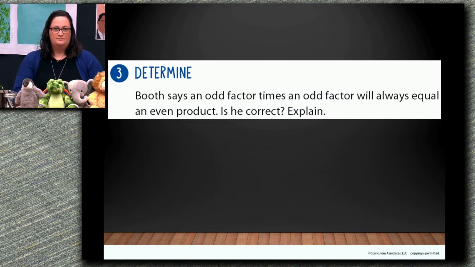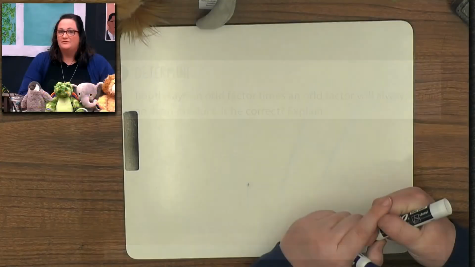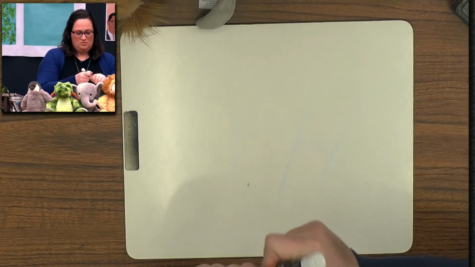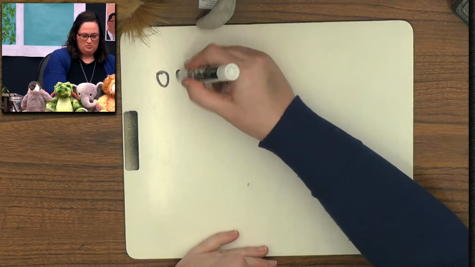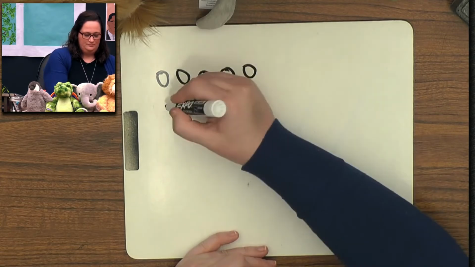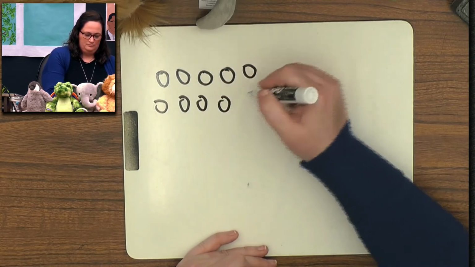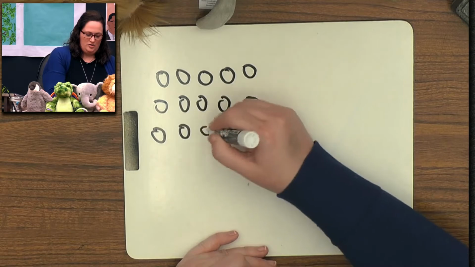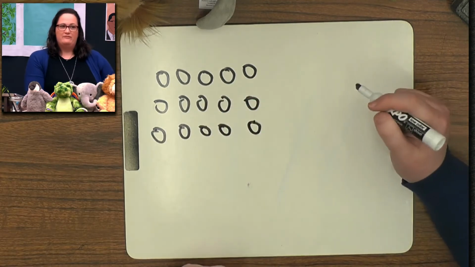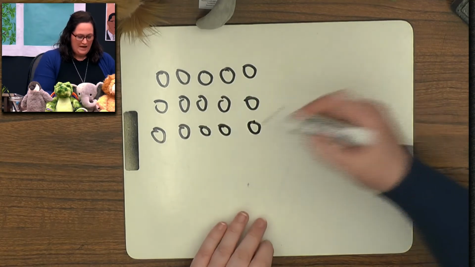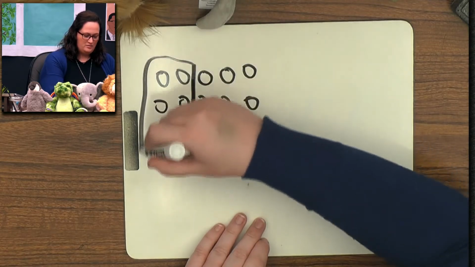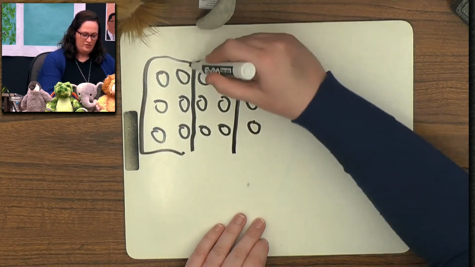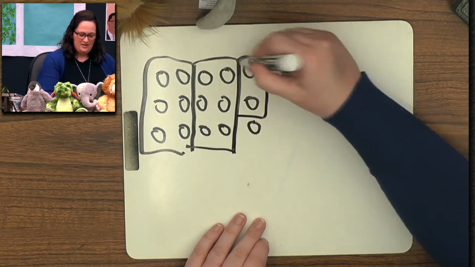Well, if I have 5 groups of 5, hang on, I'm going to show you. Actually, I'm going to do 3 groups of 5 to save time. I've got this even group here, I've got this even group here, and I've got this here, and I still got 1 left.